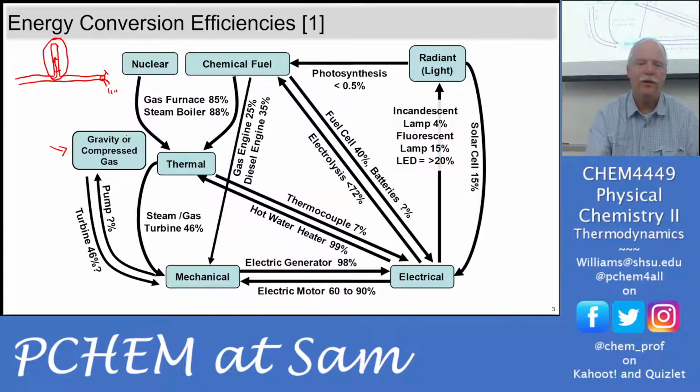Now you can do that with, let's say instead of having this coal-fired power plant or nuclear power plant, you have hydroelectric, and that's spinning a mechanical generator. And once again, the electrical demand drops, then you can spin that mechanical, instead of a generator, a pump, and you can pump it back up.